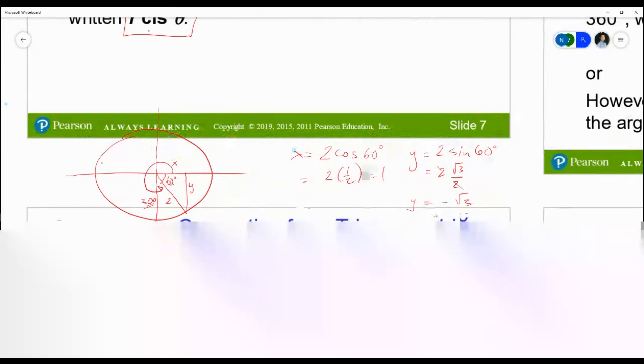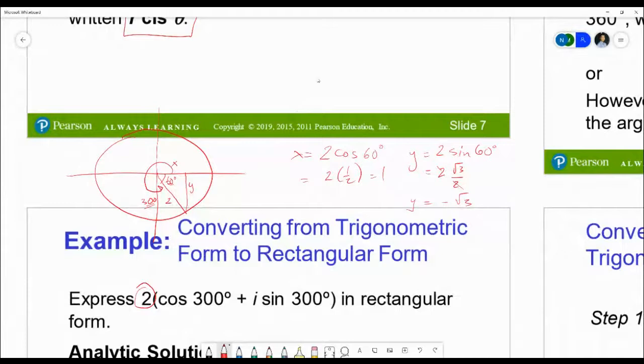In rectangular form, we use x plus yi. So we found our x, we found our y. Therefore, my complex number z equals 1 minus i square root of 3. You can double check that this is in the fourth quadrant by using the point (1, negative square root of 3). That will give you this point right here.